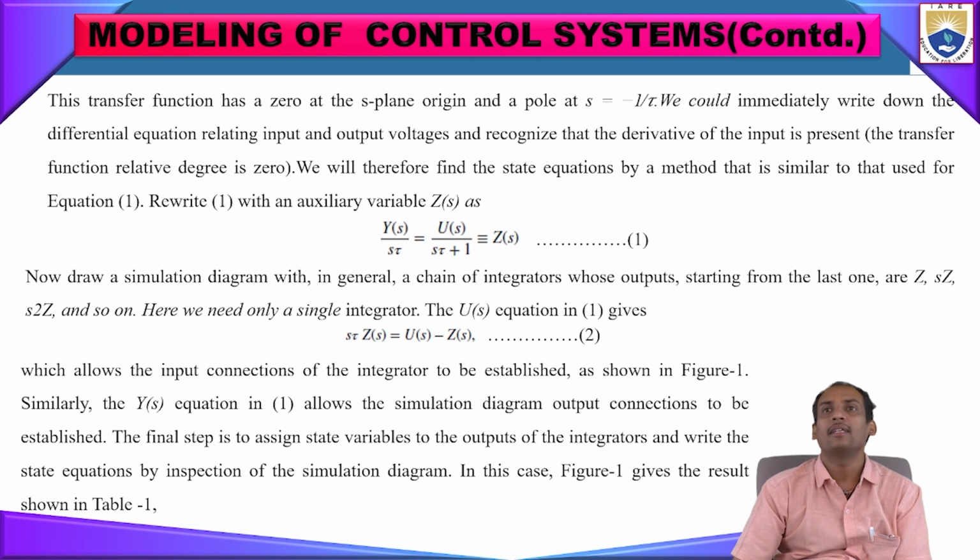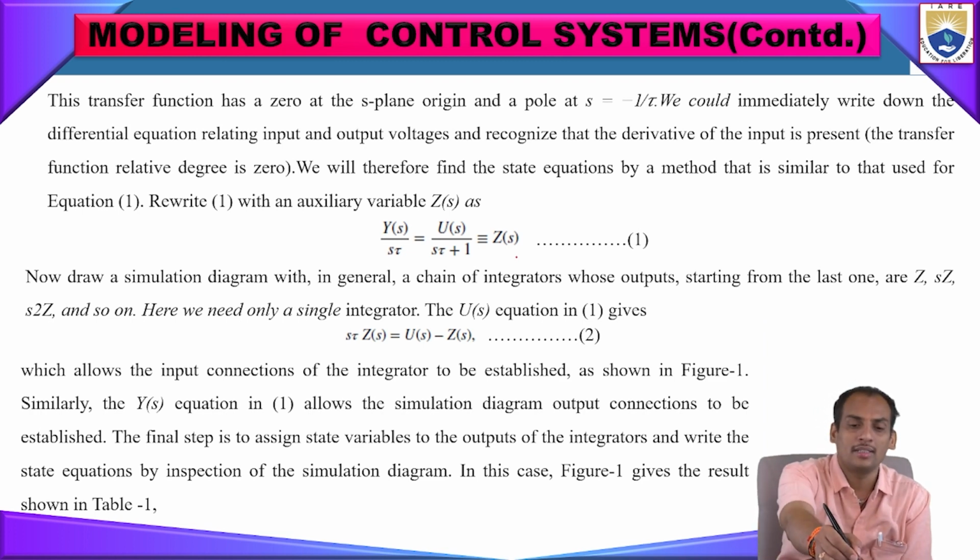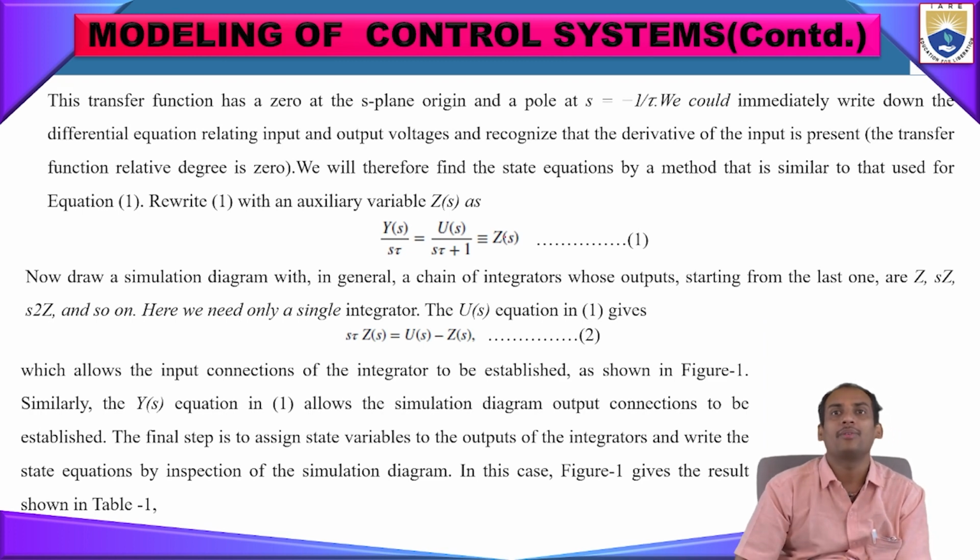Recognize that the derivative of the input represents the transfer function related to its zero degree of freedom. We find the equation by a method similar to that used for equation 1. You can see the equation in terms of u of s, which we can write as z of s. So s tau z of s will be equal to u of s minus z of s.